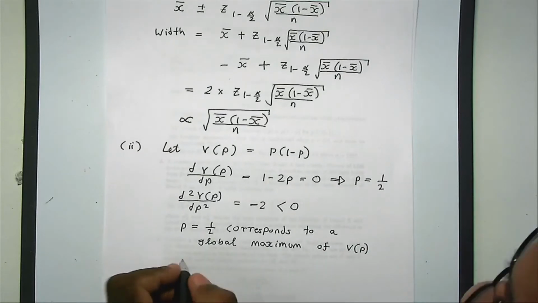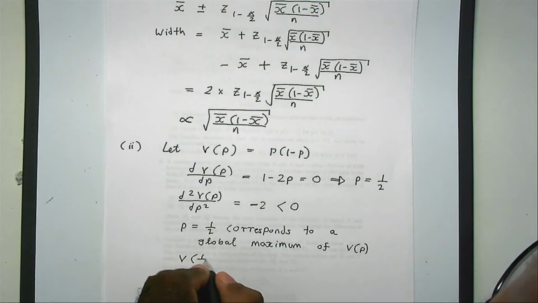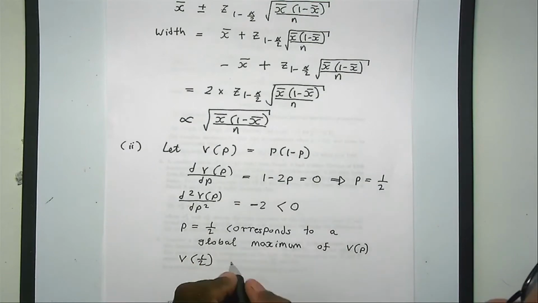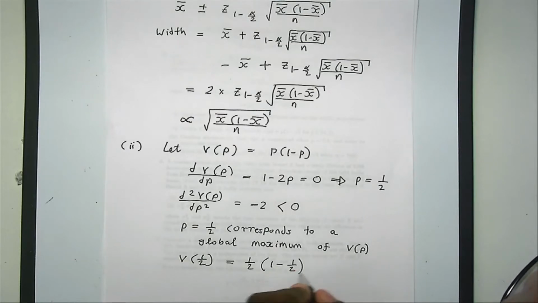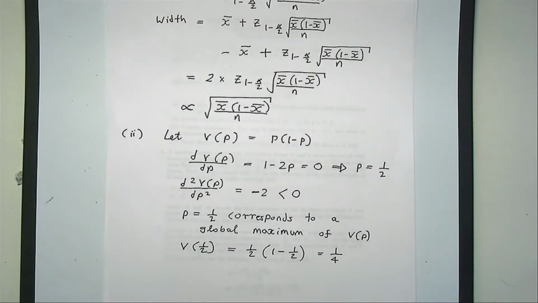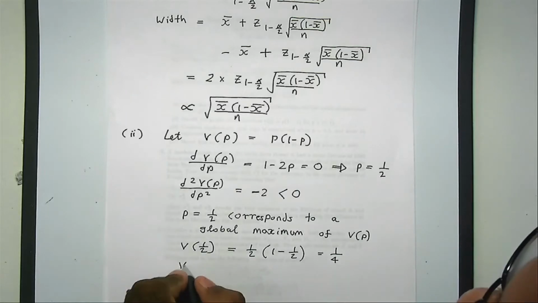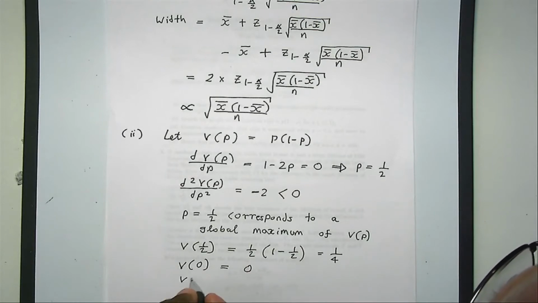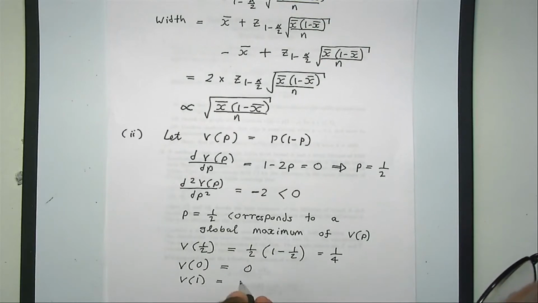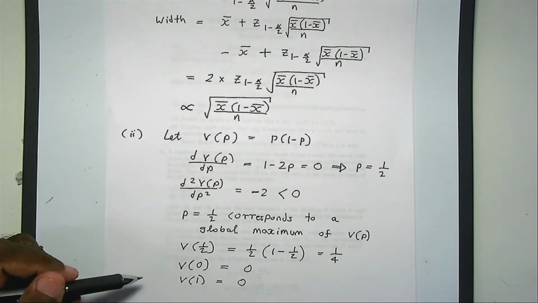Furthermore, if you put p equal to half into the function, you get half times 1 minus half, which is a quarter. So the largest possible value of the function is a quarter. The value of the function at p equal to 0 is clearly 0, and at p equal to 1 is also 0. Given all these details, you should now be able to graph the function.